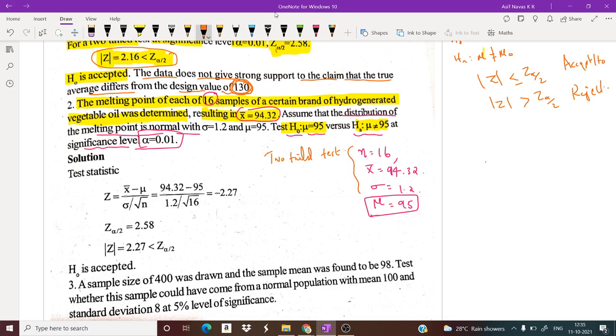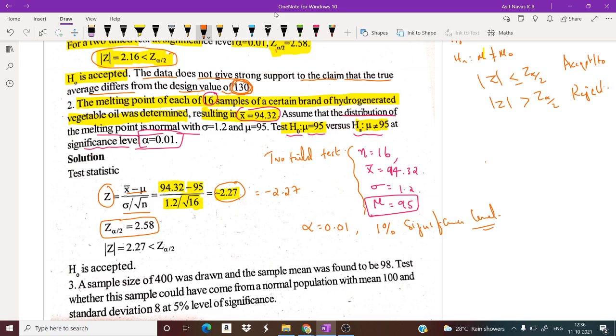So now we have everything. First you have to calculate z equals x bar minus mu divided by sigma by root n, that is 94.32 minus 95 divided by 1.2 divided by root 16, that is minus 2.27. So here our value is minus 2.27. For z alpha by 2, alpha is 0.01, that is 1% significance level.